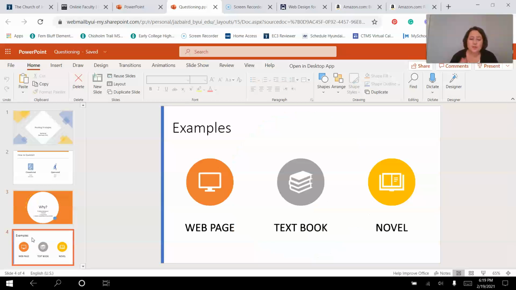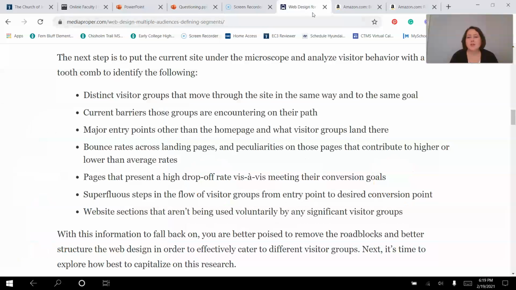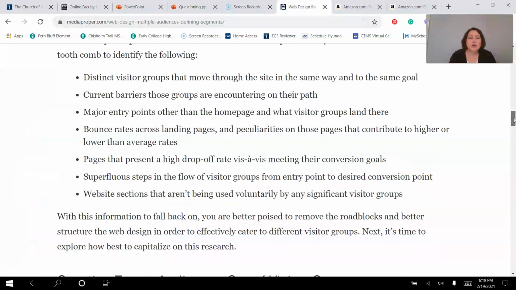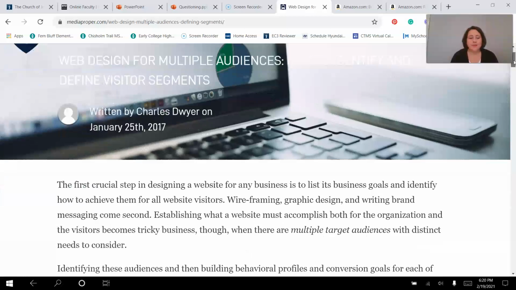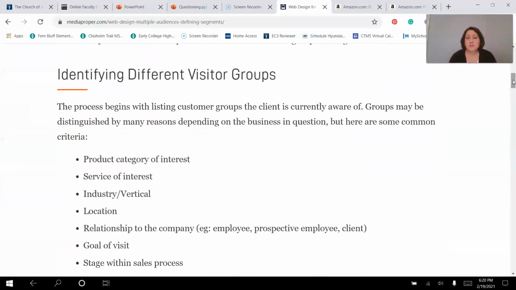So I'm going to show you our same 3 examples: a web page, a textbook, and a novel. I was previewing here. As I look through Web Design for Multiple Audiences, How to Identify and Define Visitor Segments, using my previewing, I'm coming up with some questions.